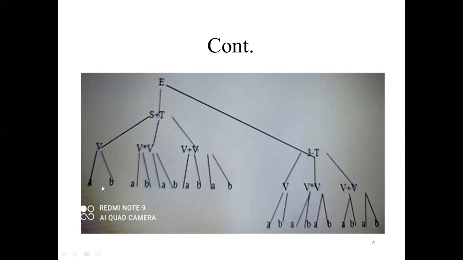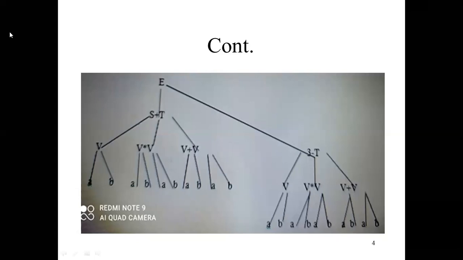Two choices, A or B. So we will write again and again A, B, A, B, like that. Similarly in this case, A, B, A, B. So this is called the complete syntax tree for the grammar mentioned in the problem.